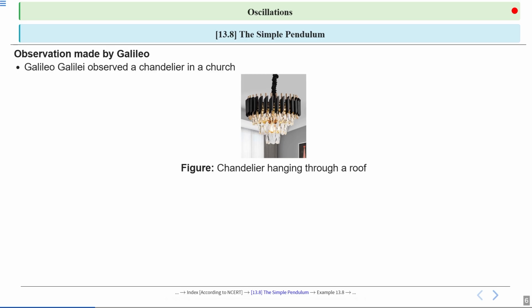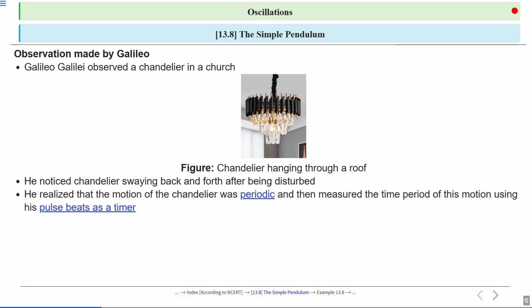It's suspended and free to move. Galileo showed that when the chandelier was disturbed, it started swaying back and forth. This back and forth movement is what we call oscillation.